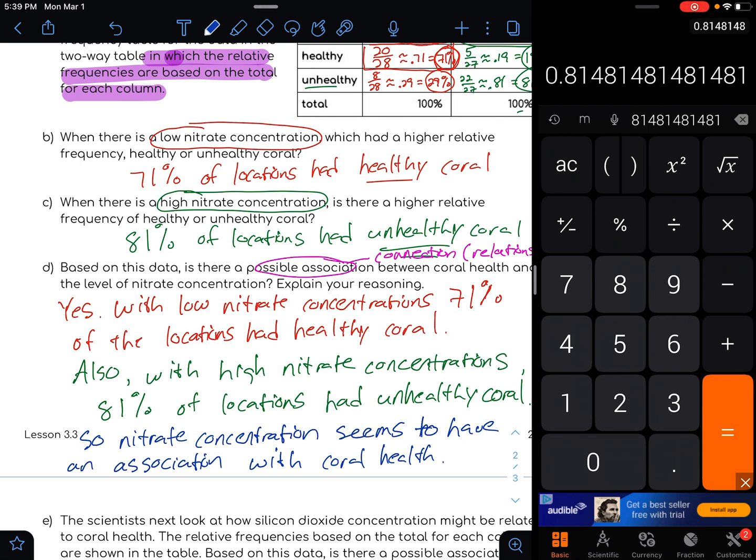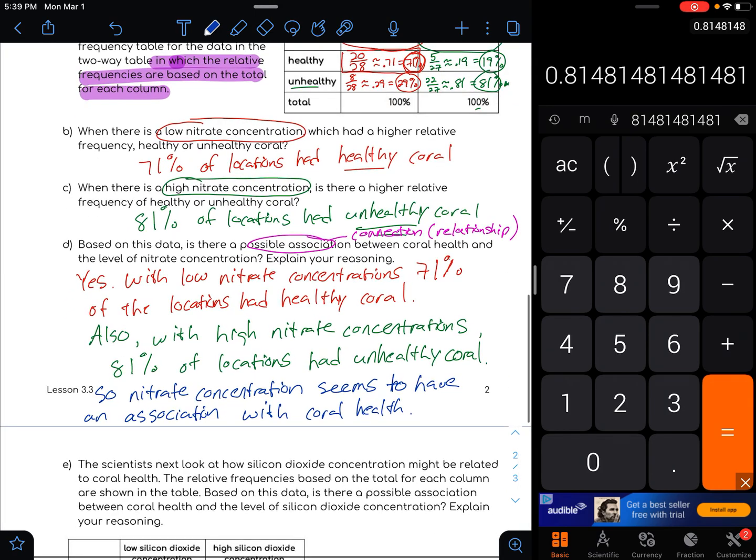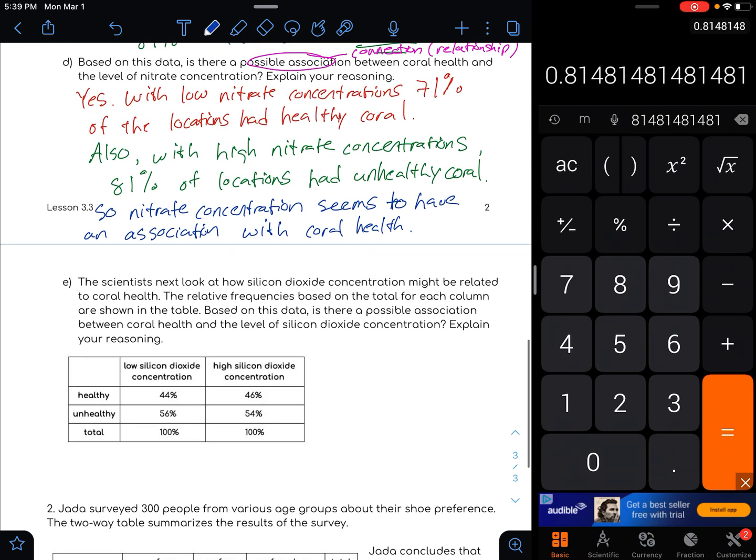That's just looking at the data. There seems to be a connection there. I'm not exactly sure why there is a connection, but there seems to be a connection. Now there is another part to this problem, so let's go on to the next page.